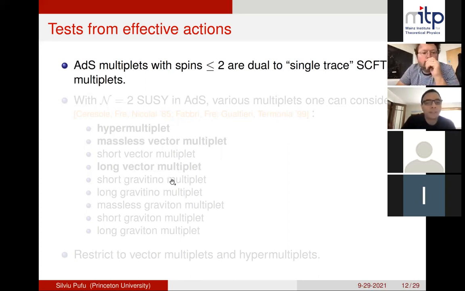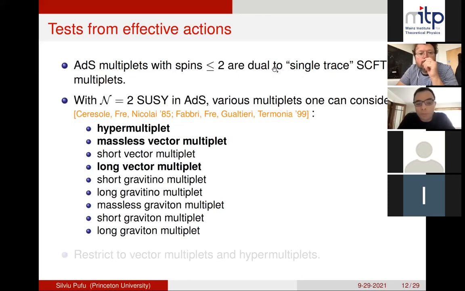So one fact is that when we construct Lagrangians, we need to have some multiplets that we can work with, and AdS multiplets with spin at most equal to 2 are dual to single trace superconformal field theory multiplets. So it's good to keep in mind this correspondence.